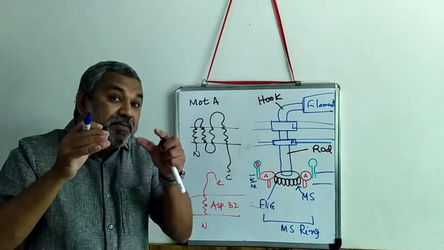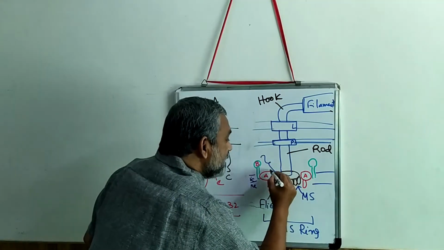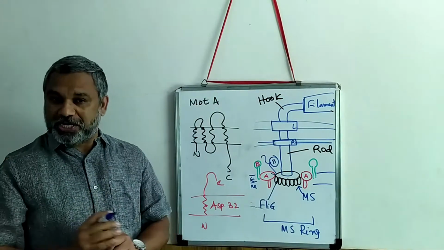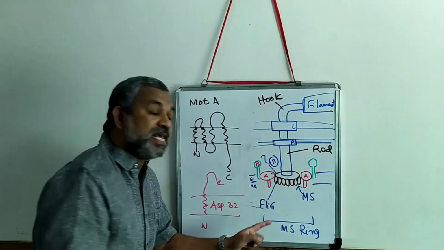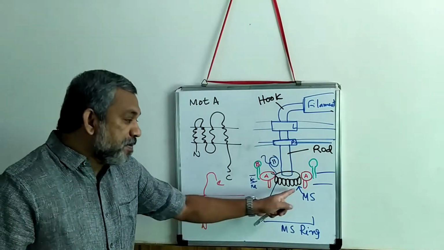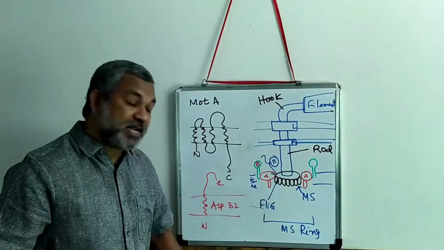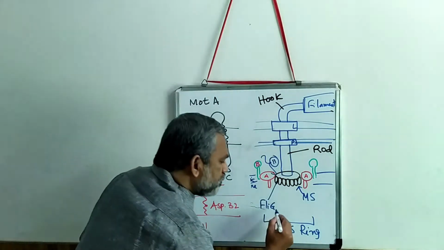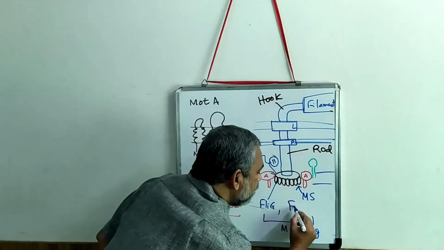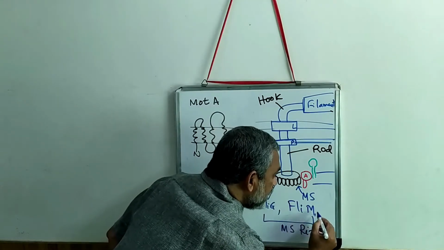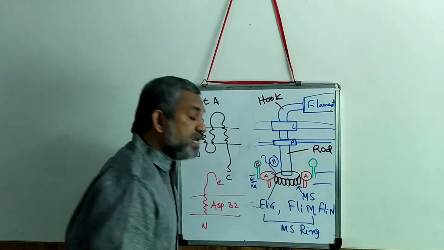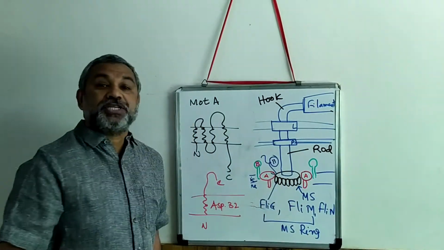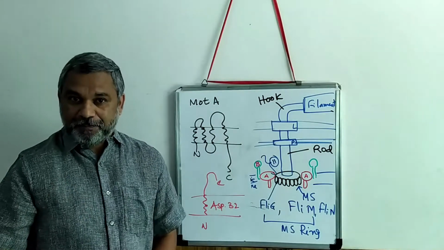MOT-A and MOT-B will remain together, and there will be 11 MOT-A and MOT-B pairs surrounding this MS ring. MS stands for membrane supramembrane ring. Other than Fle-G, there are other proteins also present, like Fle-M protein and Fle-N protein. All these are proteins associated with the motor portion of the flagella.